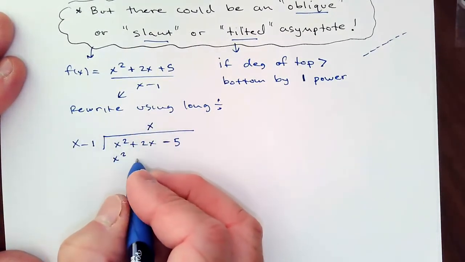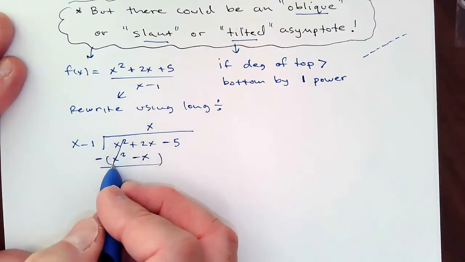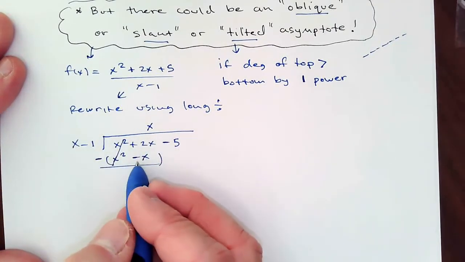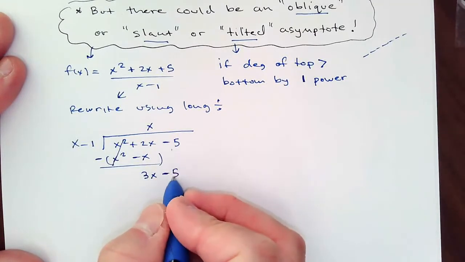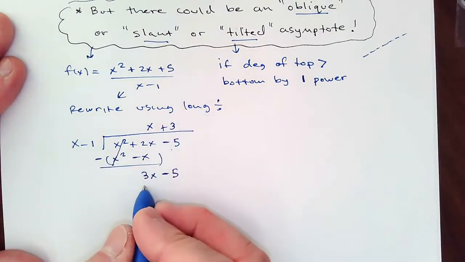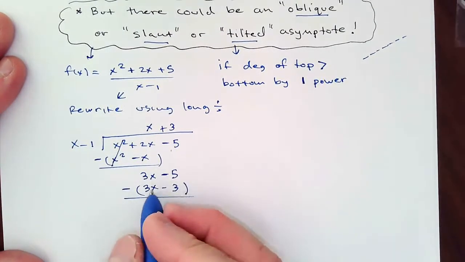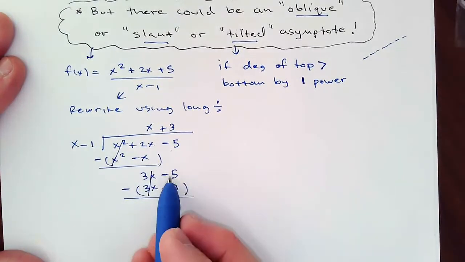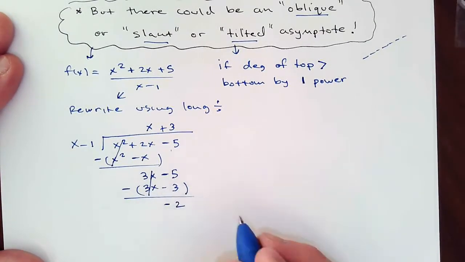I want to subtract that out, minus x squared. Those cancel. 2x minus negative x gives me 3x. Bring down the minus 5. Now I'd want to put a plus 3 there. That gives me 3x minus 3. Subtract those. 3x cancels. Negative 5 minus negative 3 is just negative 2.